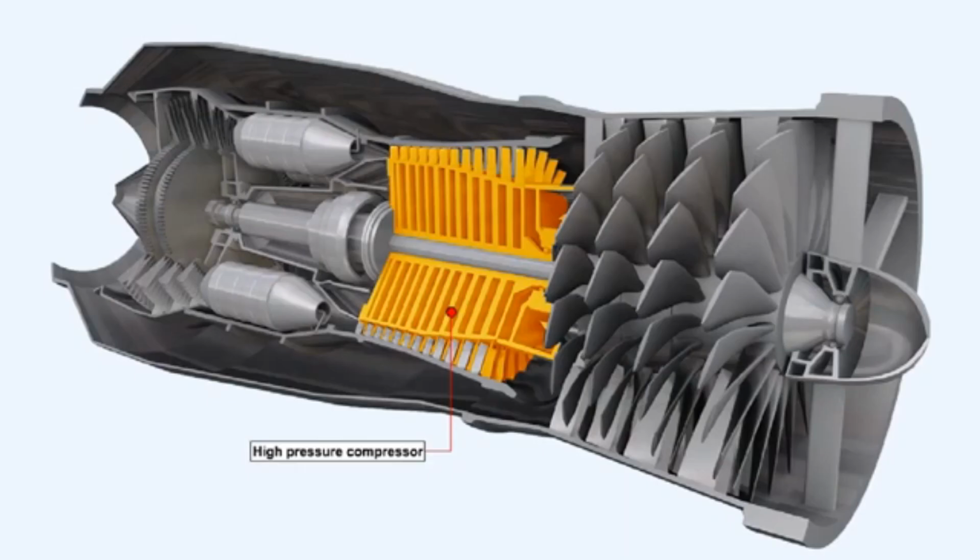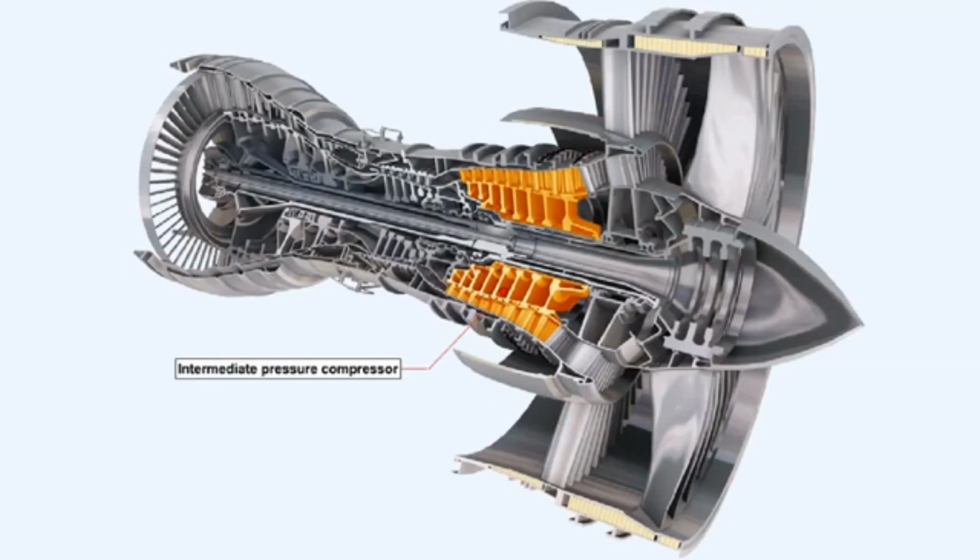So, to overcome the tendency that early axial flow engines had of the compressor stalling at low RPM, designers split the compressor, initially into two separate sections. The two sections were called respectively the high-pressure or HP compressor and the low-pressure or LP compressor. Subsequently, in later, more powerful engines, designers split the compressor into three sections by adding an intermediate pressure or IP compressor.